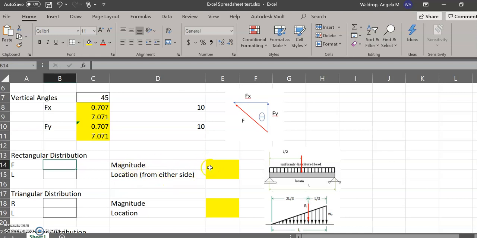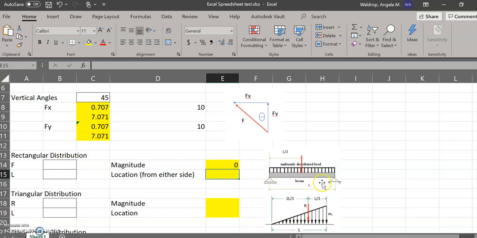Magnitude for the uniformly distributed load, if you remember, it's basically the area of that rectangle. So I'm basically going to take these two numbers and multiply them together. So I'll say equals the force that's here times the length of the beam, and there we go. And it's 0 right now because we don't have anything in here.